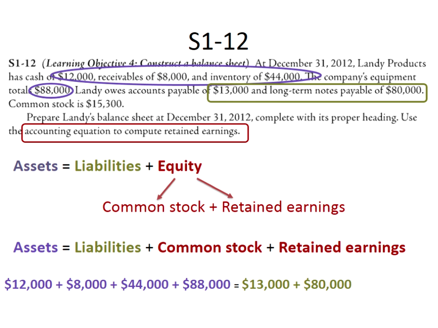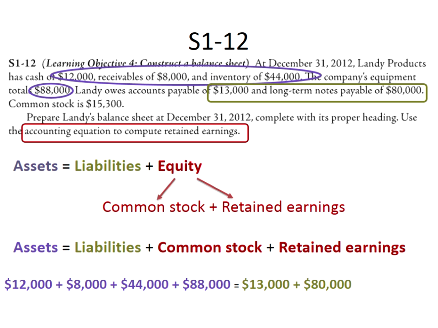Inventory of $44,000 is also an asset, and the equipment totals $88,000, that's also an asset. So all the numbers in purple, those first four numbers, represent assets.